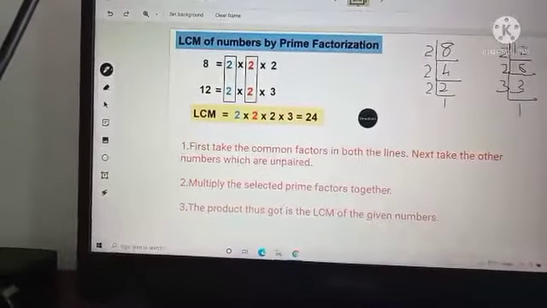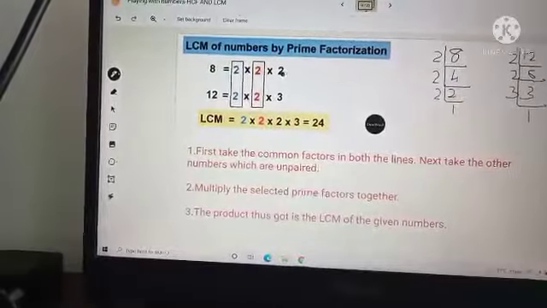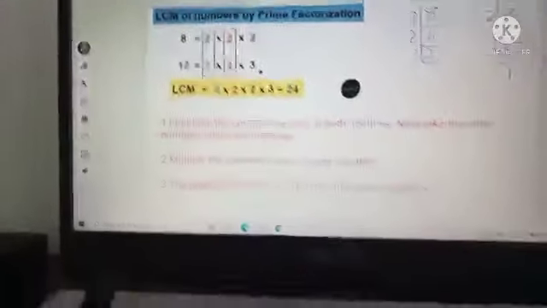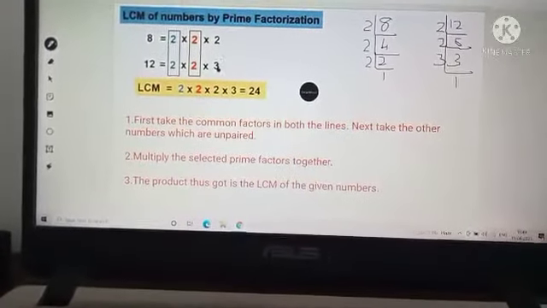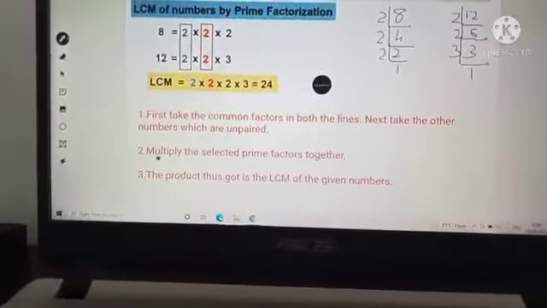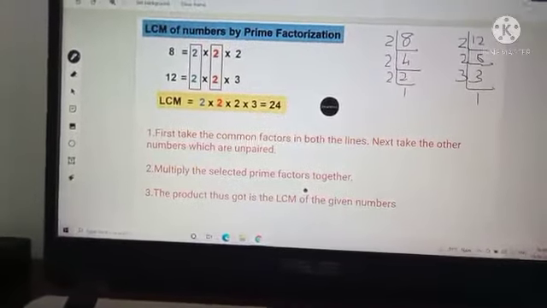Next, take the other numbers which are unpaired. Which are the numbers here without a pair? This 2 and this 3. Now what is the next step? Multiply the selected prime factors together.